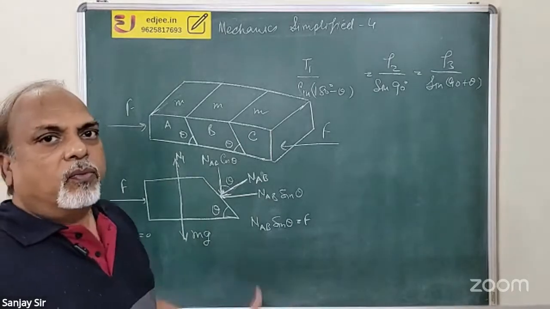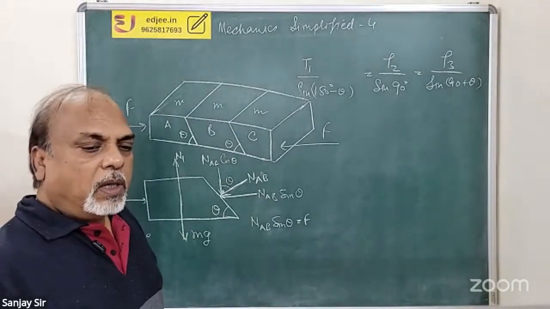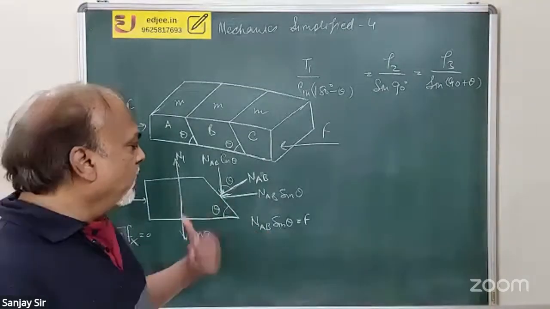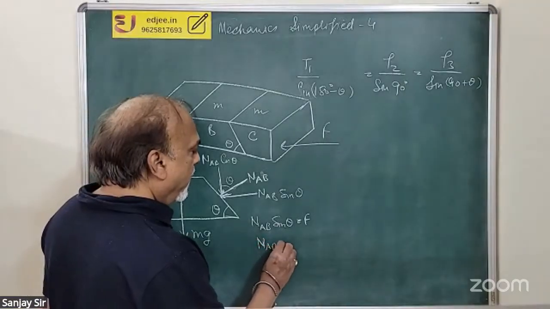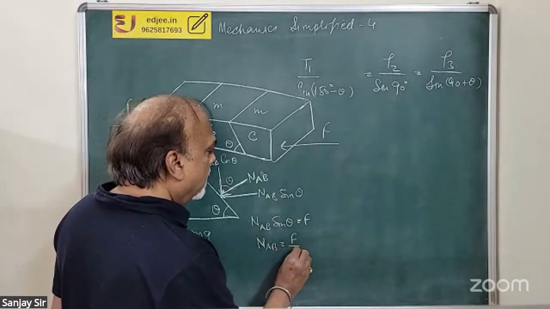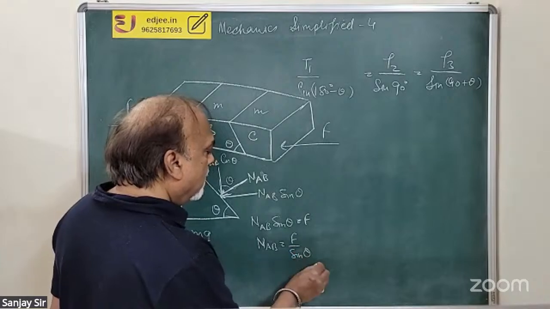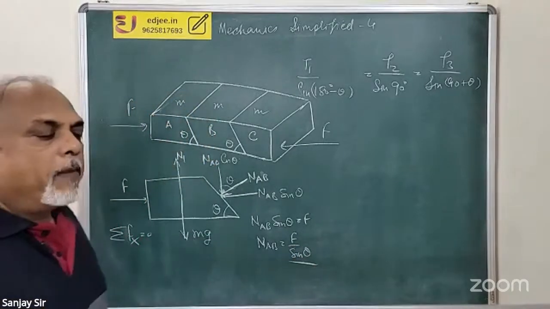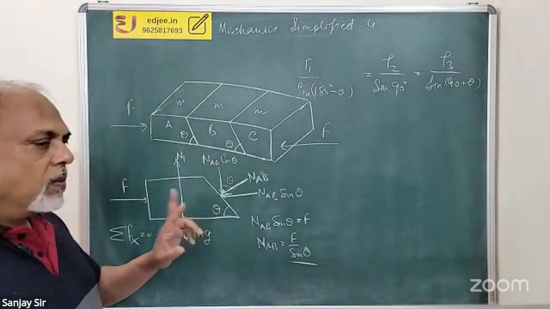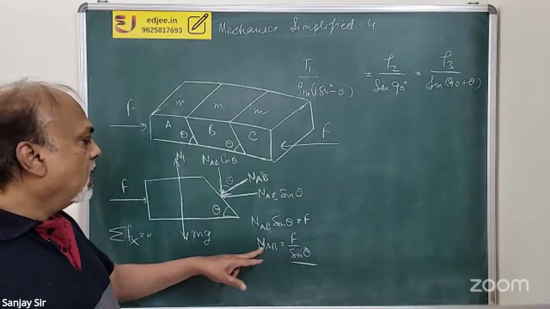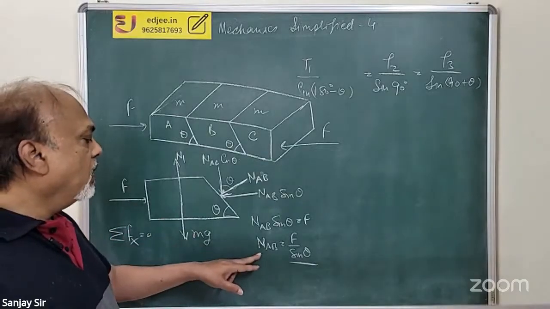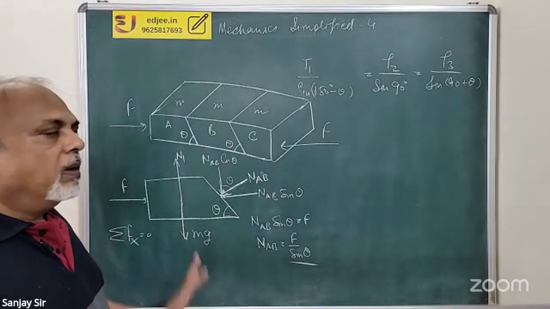That means NAB, if you know the theta, if theta is given in the exact question, then in terms of F, this is your NAB.